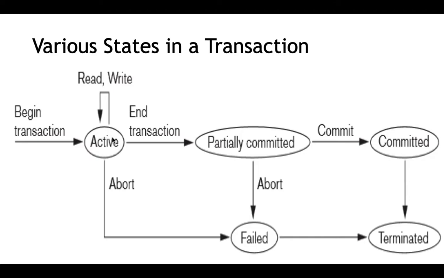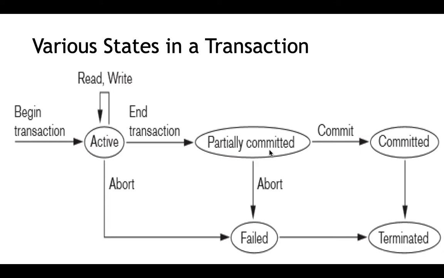So all these are examples of read and write operations taking place. Till all this read and write operation is taking place, we say the transaction is in an active state.